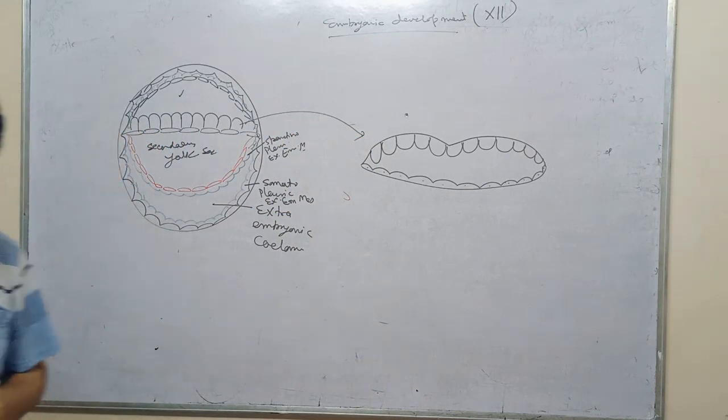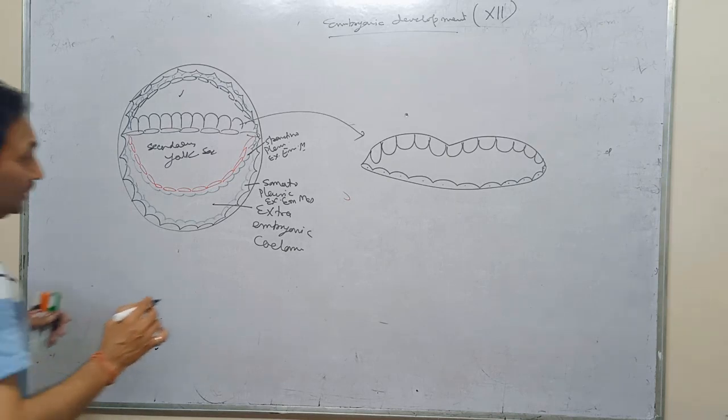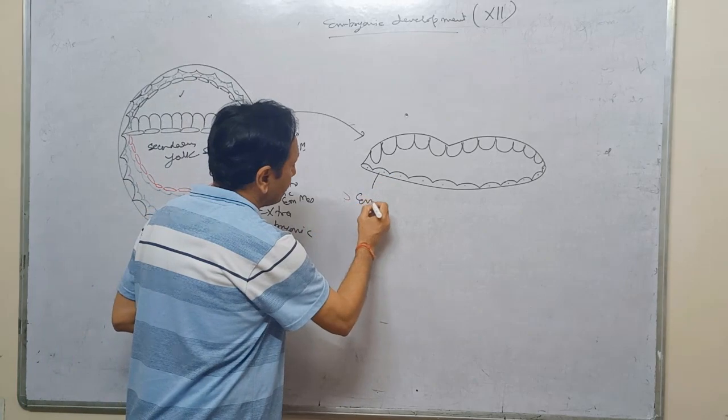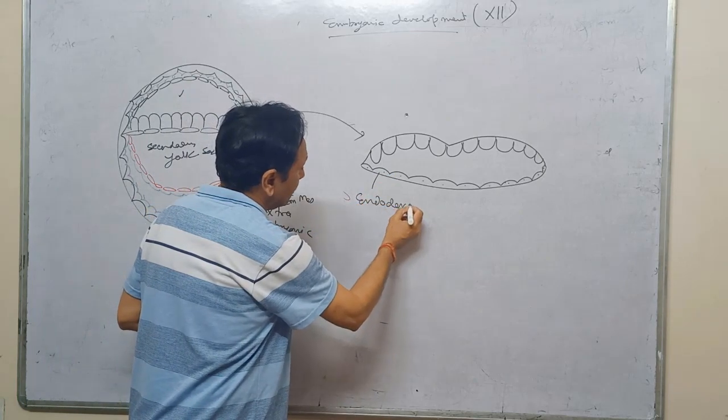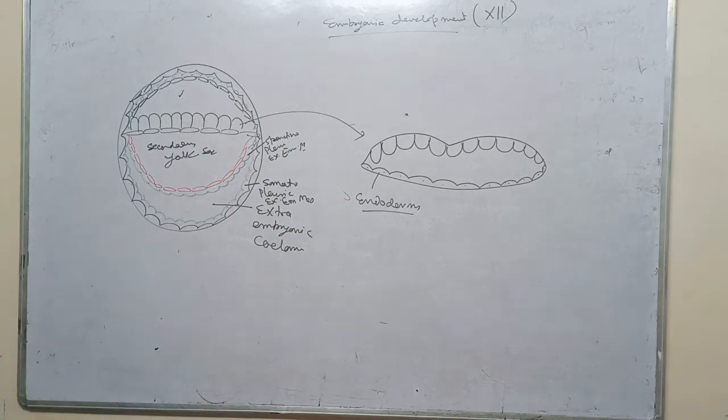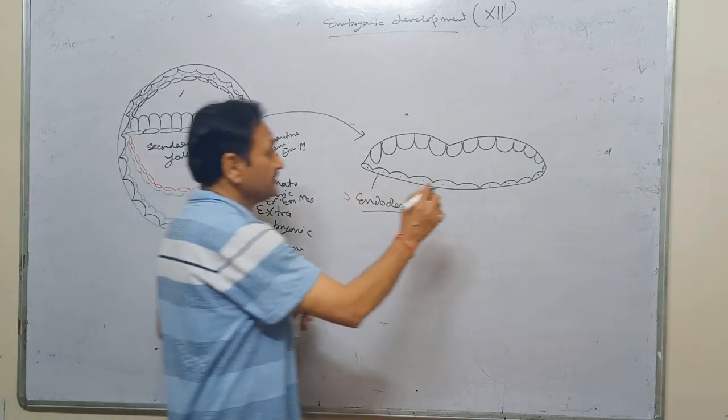This type of structure has been developed, and this is the endoderm, and this whole complete structure is called the primitive streak.